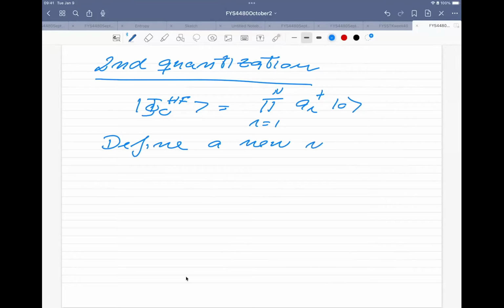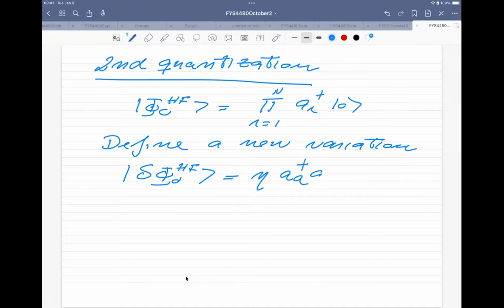So we define a new variation, defined by this parameter eta, which is a small change, and we bring in a one particle, one hole excitation.